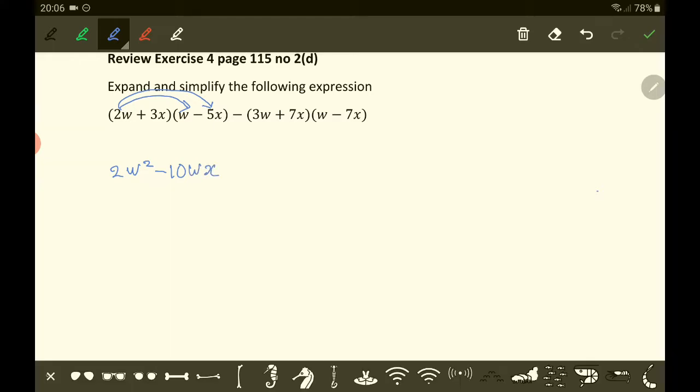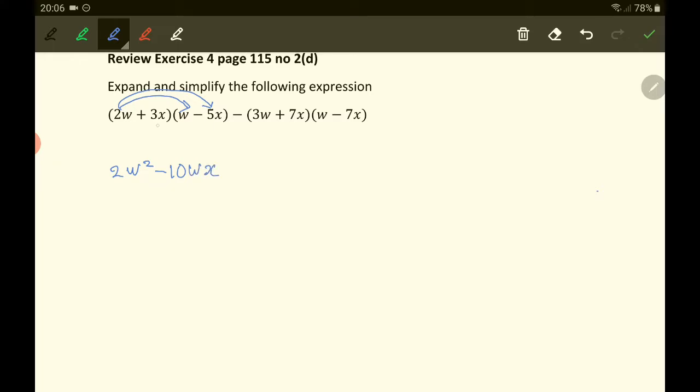Then you multiply 3x with w, so you get plus 3wx, and 3x multiplied by minus 5x gives minus 15x squared. So that's the first part.